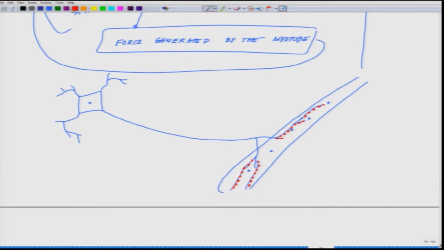So, here you have the synaptic vesicles, or this particular part is called neuromuscular junction.